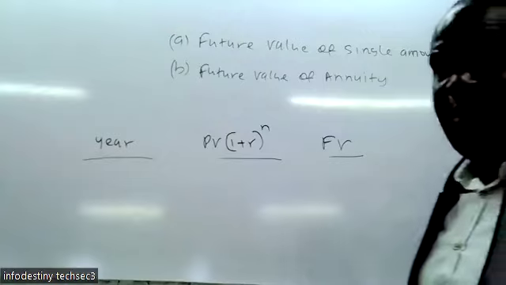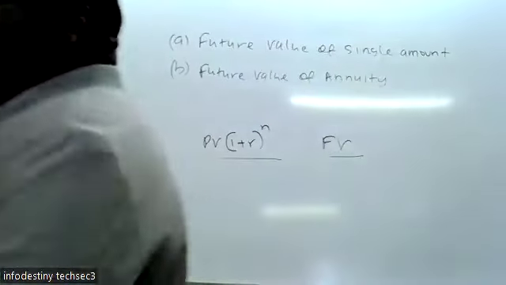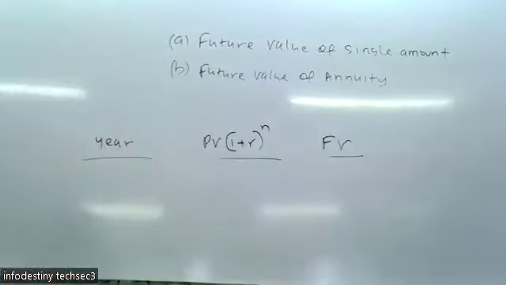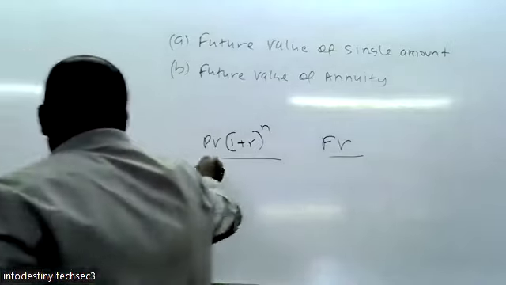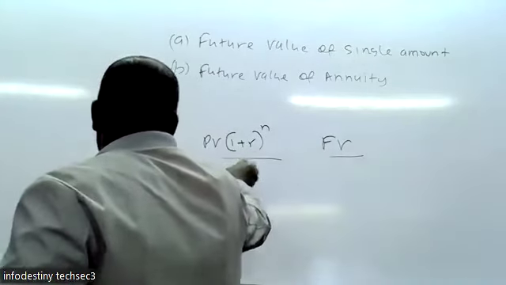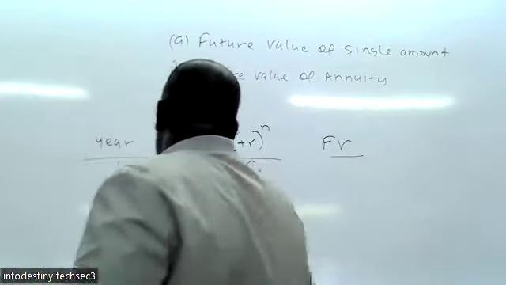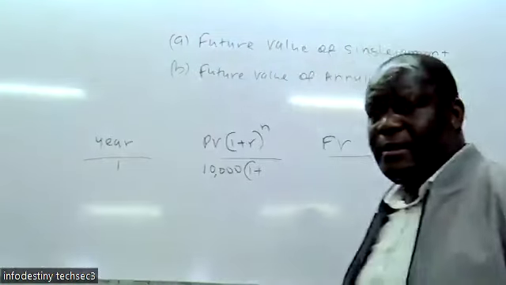So this person is receiving 10,000 at the end of each year. So after 3 years, we'll be having how much? We want to get that total. So we start off with year 1. He has received 10,000 at the end of year 1. So 1 plus r, where r is the interest rate.